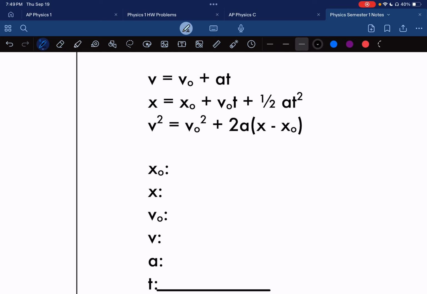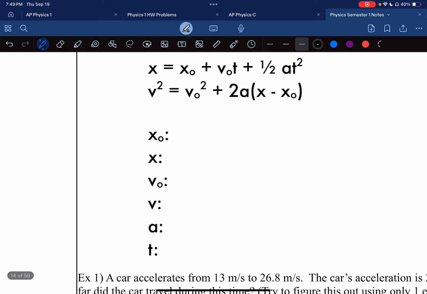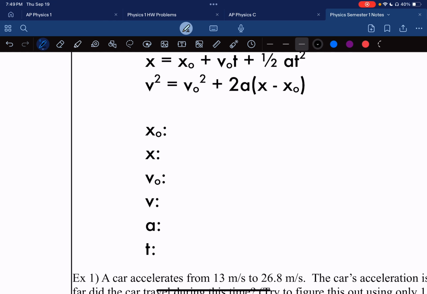So let's define the variables. If you saw the lesson on constant velocity, we know a couple of these. This is the position at time 0, which is often going to be 0. This is a position at a later time, which is in meters.